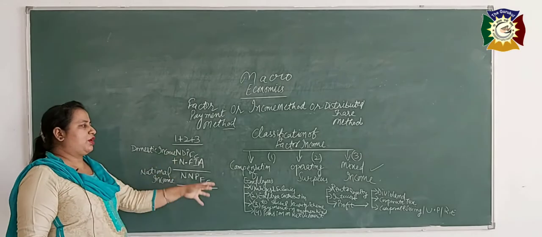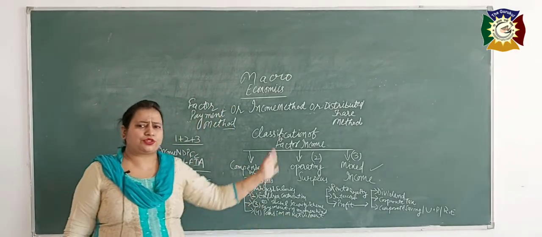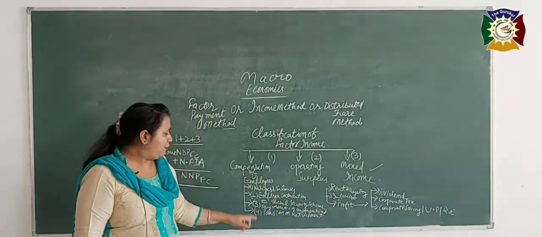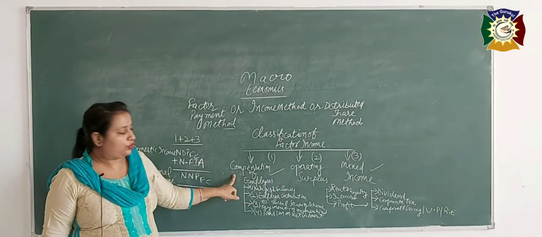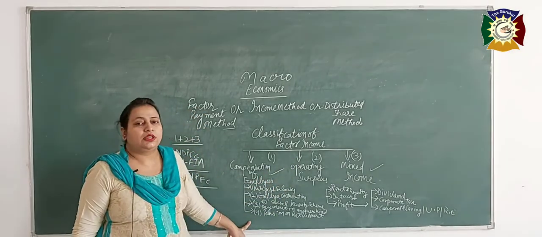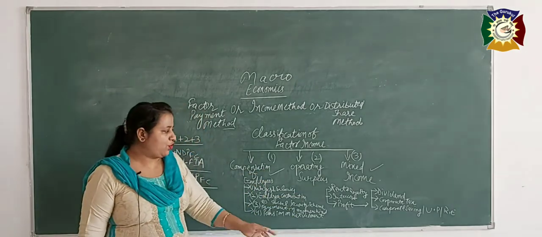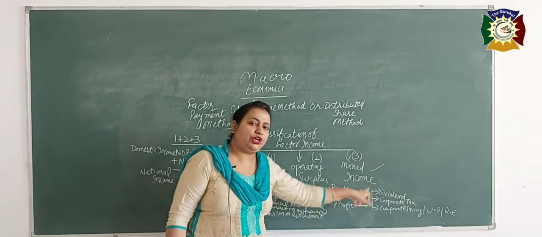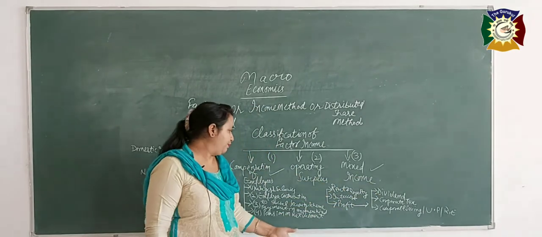There are also precautions of this method, I am telling you one or two precautions. If you are taking compensation of employees in a numerical, no need to take the other terms, it will create a problem of double counting for you. If you are taking profit, no need to take other terms, it will also create a problem for you.